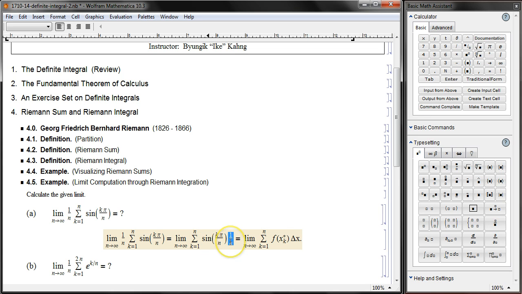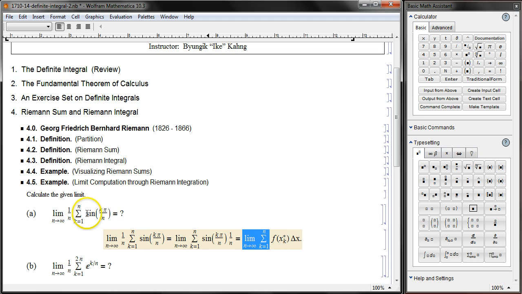And then 1 over n, that goes to 0, and then the size of the partition, the width of those rectangles go down to 0, so let's call it delta x. And then all these, limit of summation, that gives you Riemann integral. Will this limit exist?